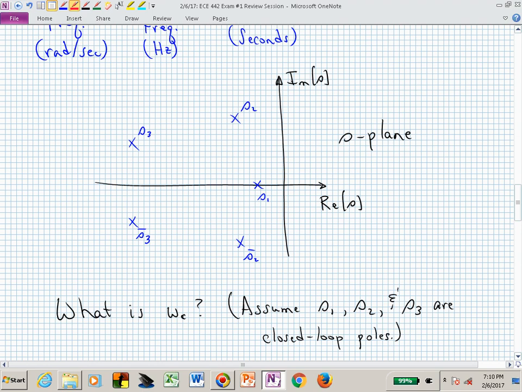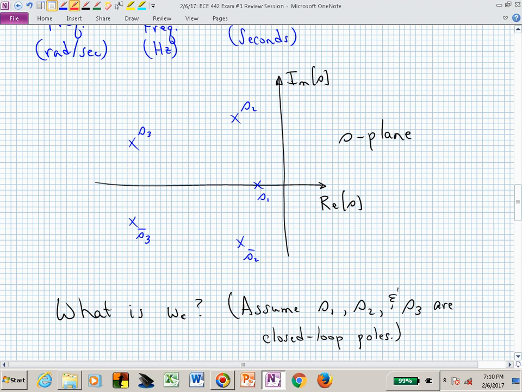That dominates the behavior. Is that the fastest pole? For the closed loop, here I'm assuming that S1, S2, and S3 are closed loop poles. Which of those are the fastest? That's the one that we need to use to determine our omega sub s, right?